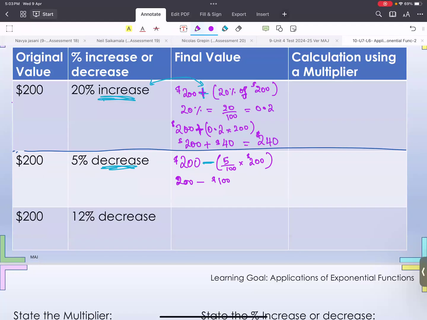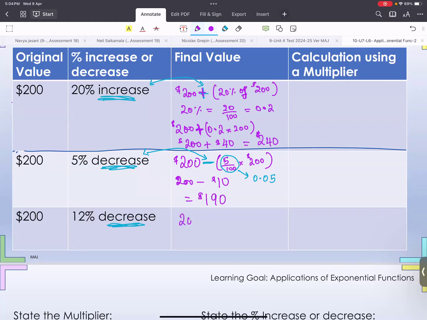Sorry, that is $10. So that is $190. The value here is 0.05. For a 12% decrease, again, that means it's a subtraction. Whenever it's a decrease, you're taking the amount out.